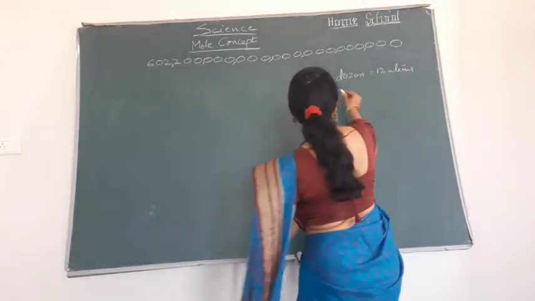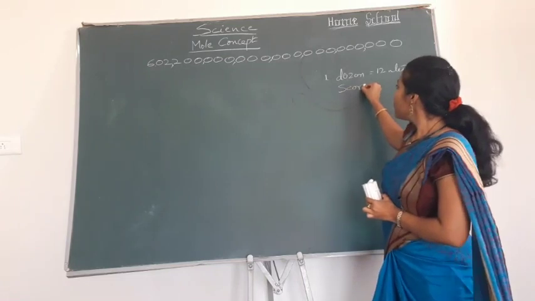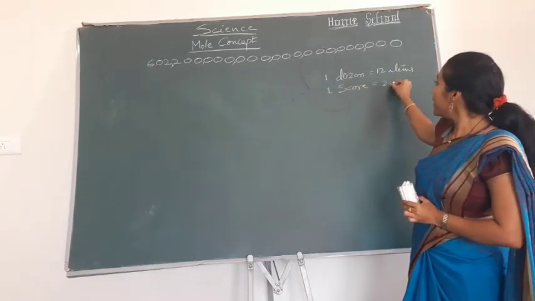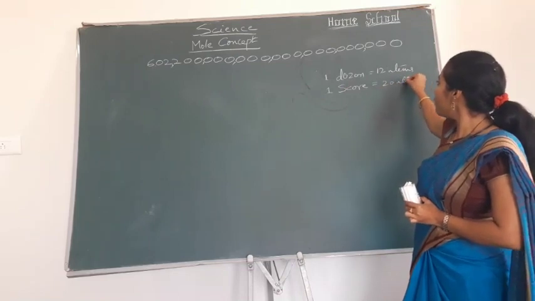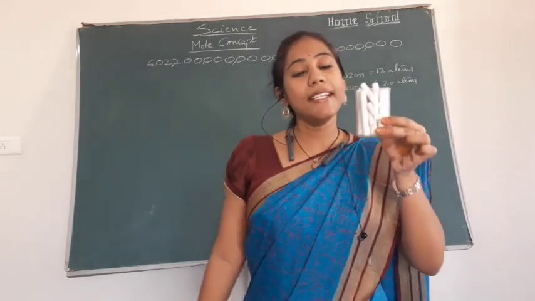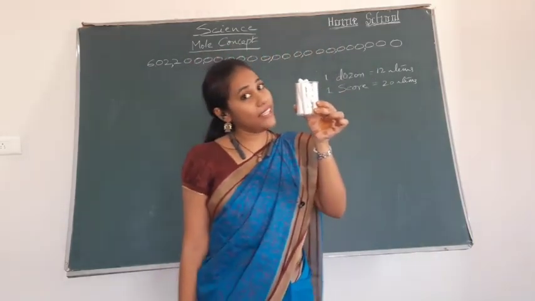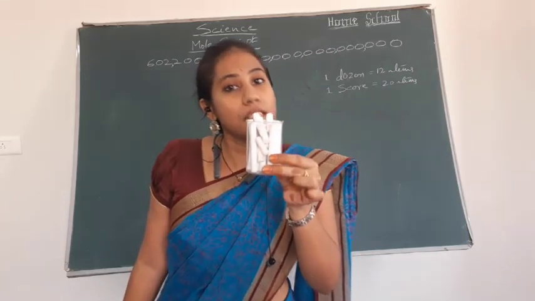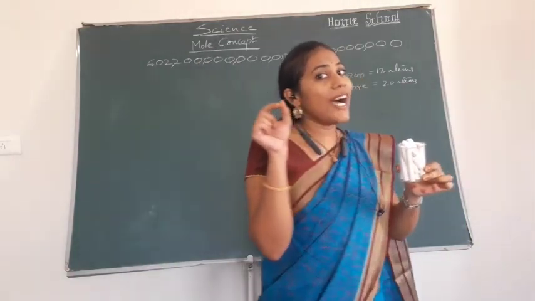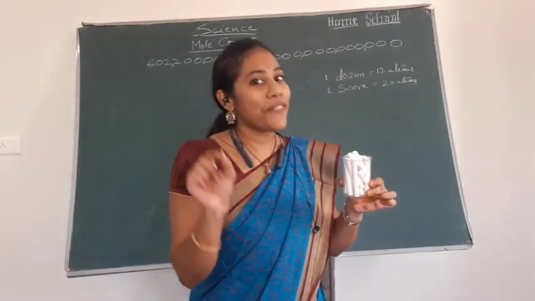One score means what? One score means 20 items. Collection of 20 items is called one score. So I can say I have one score of chalk pieces in this beaker. Fine. And now I will get one more item which is very much interesting.